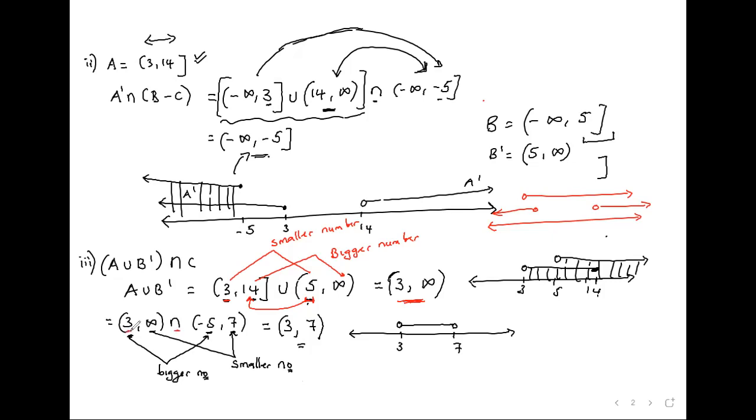Between the left numbers, 3 and negative 5, you pick the bigger number. And on the right, you pick the smaller number to form a new interval. This interval becomes the intersection and becomes your final solution. That's the final solution you take to the number line.